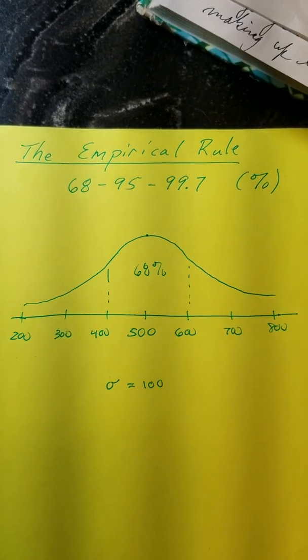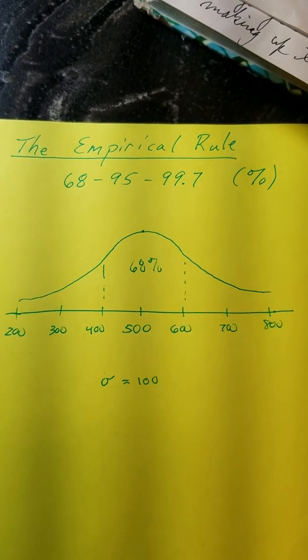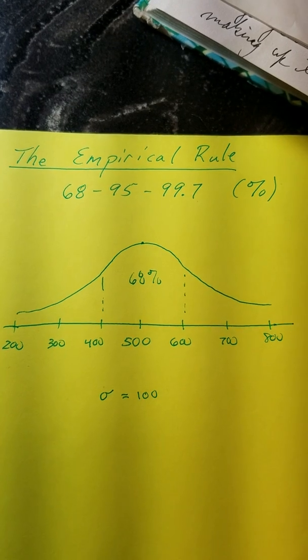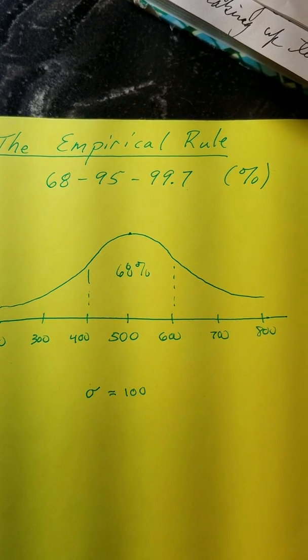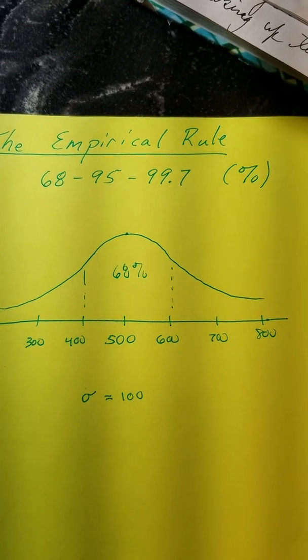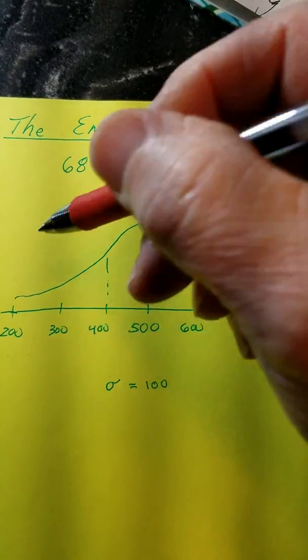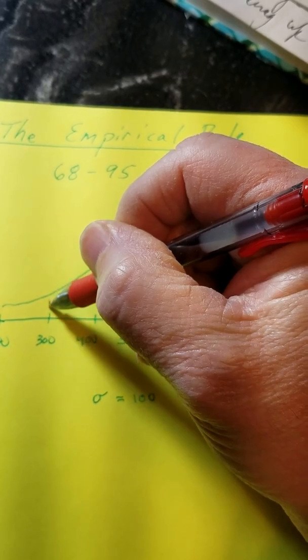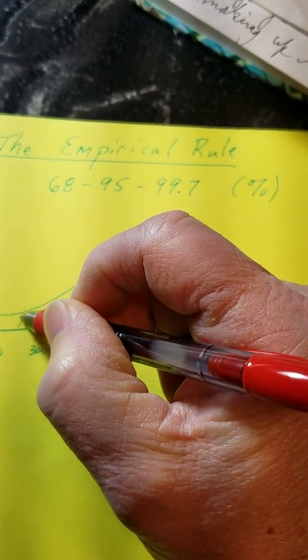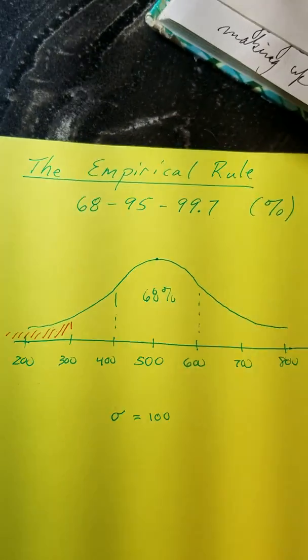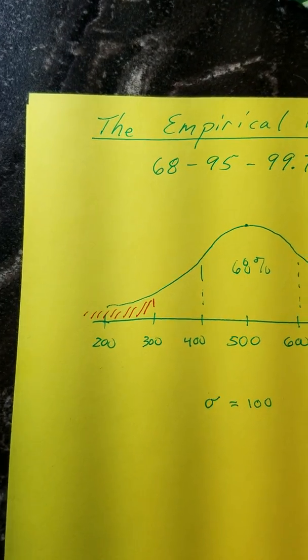That's your answer. The next part says approximately what percentage of the 1995 scores fell below 300. So now we're over here and we're looking at how much fell below that point.